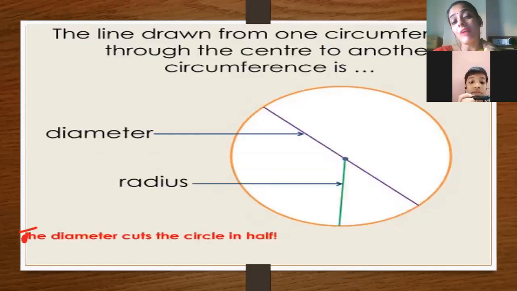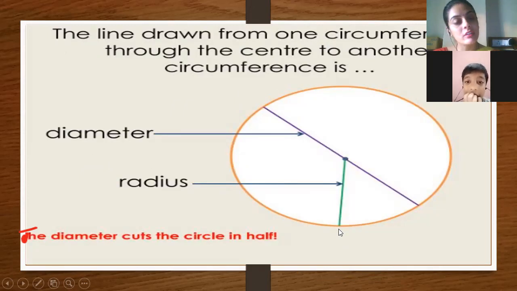Now we will see the line drawn from one circumference to the other. Can you see my cursor? Yes, teacher. From here to the other circumference, that is called the diameter. Radius is from the center to the circumference.